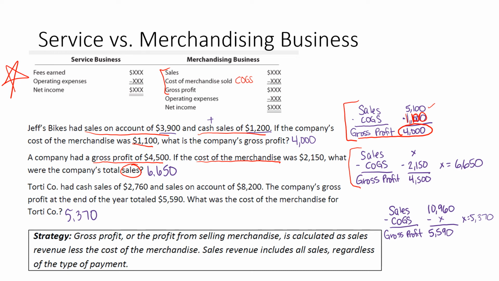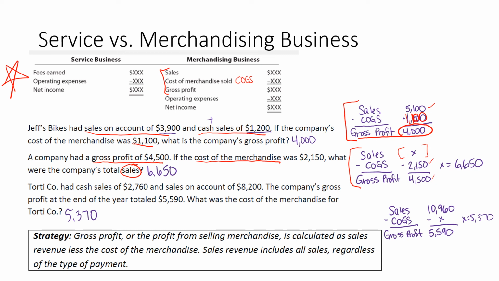So what we can do is look at what we know. We know that cost of goods sold is $2,150. We know that gross profit is $4,500. So we have to figure out what the sales amount is. The way that we do that, obviously, is to see what belongs there with sales to add together with $2,150 to equal $4,500.